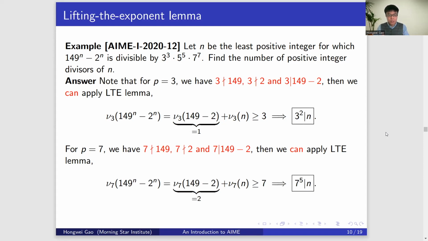The highest power of 7 in 149 with exponent n minus 2 with exponent n is equal to the highest power of 7 in 149 minus 2, which is 2 here, plus the highest power of 7 in n. It should be greater or equal to 7, which means that the highest power of 7 in n should be at least 5. That means n must be divisible by 7 to the 5th power.